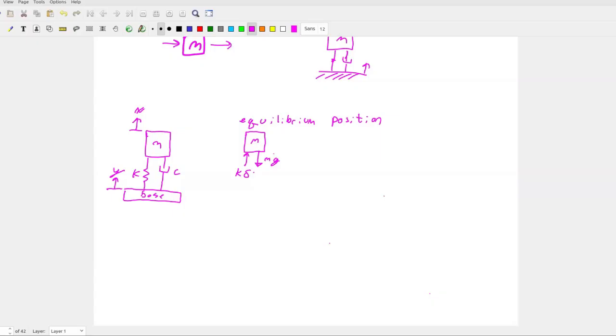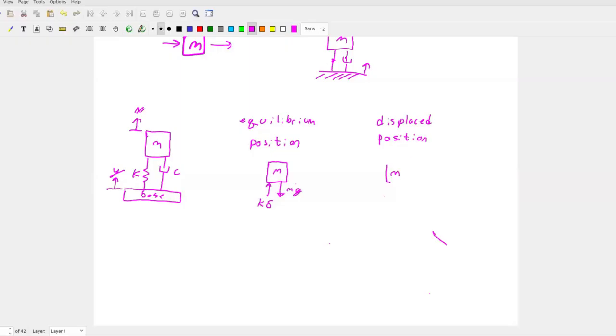Now, if I have a displaced position, let me see if I can. There we go. A bit better. If I have a displaced position, I have a mass.